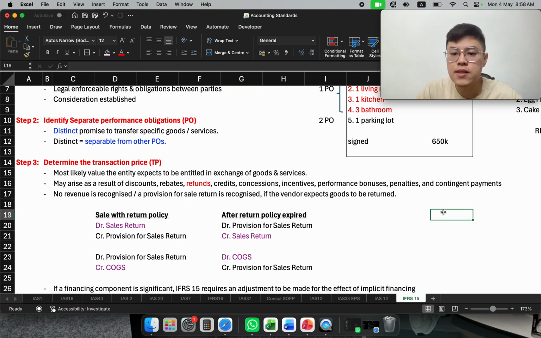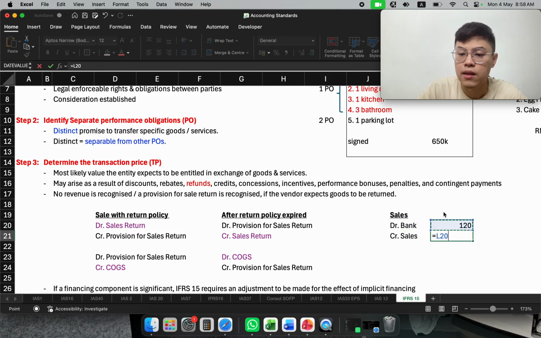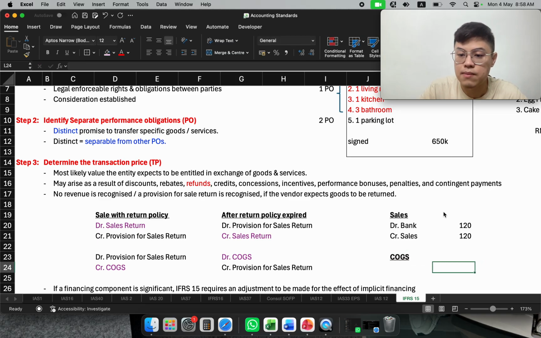And to do this, we will need to understand how we record the sales. When we record the sales, we debit our bank because we receive money, and we credit the sales. For example, we sell at 120, and my cost of goods sold is, for example, 100. How am I going to record this cost of goods sold?